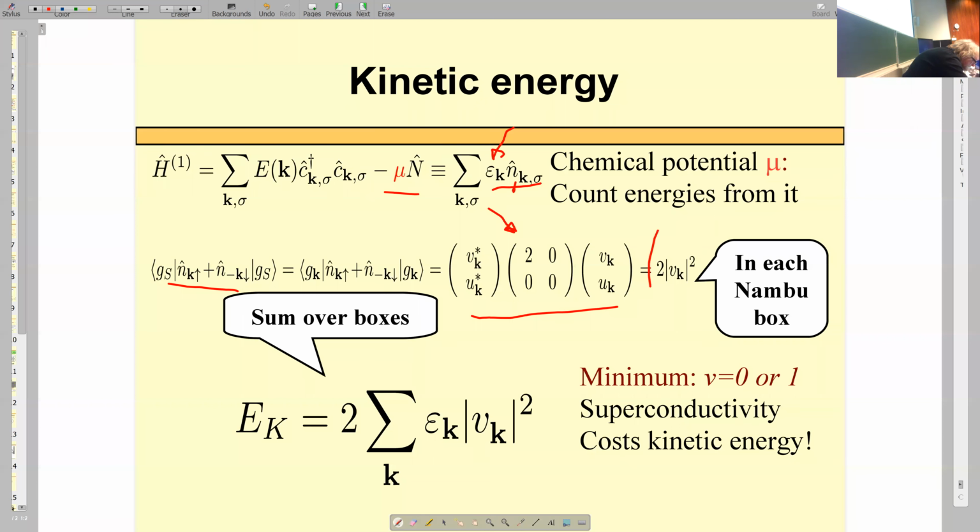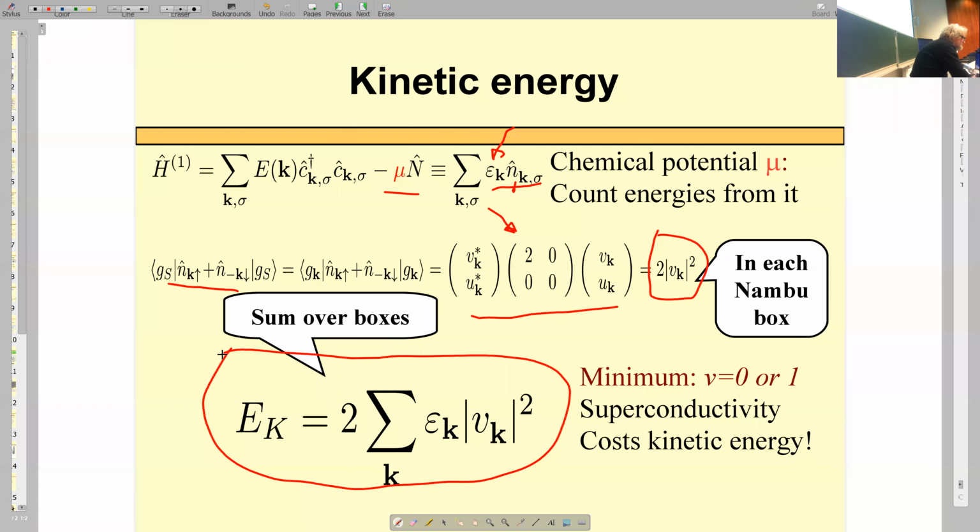Here's the answer. By writing it like this, I've already taken into account that u squared plus v squared is 1. Good. That's kinetic energy, and it makes sense for a non-interacting Fermi gas.